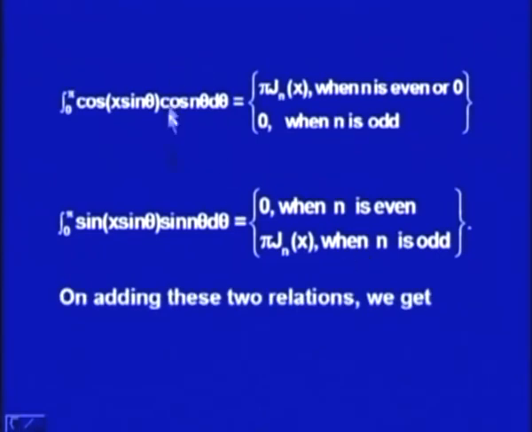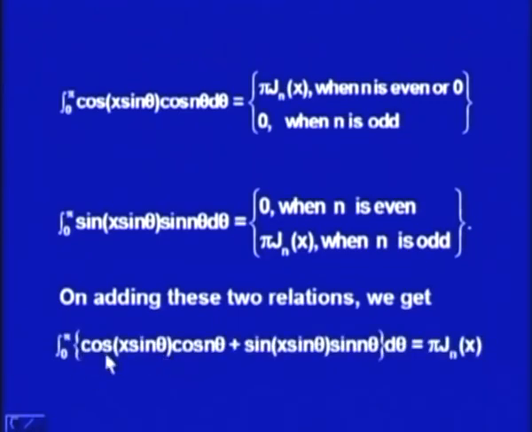So, now let us add these two equations. When we add these two equations, we find that integral 0 to pi of cos(x sin theta) cos n theta plus sin(x sin theta) sin n theta d theta is equal to pi into J n x. Because if n is 0, then the sine integral is obviously 0, and the integral 0 to pi cos(x sin theta) cos n theta d theta is equal to pi into J n x.